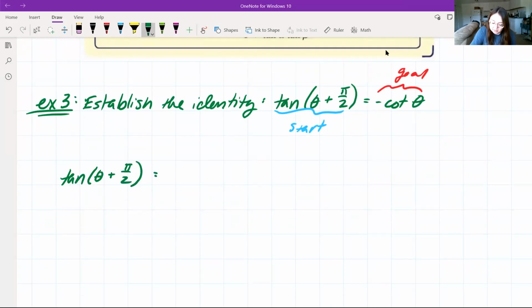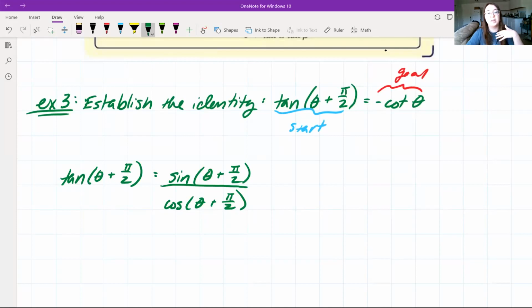So this is going to become sine of theta plus pi over 2 divided by cosine of theta plus pi over 2. This is how we end up rewriting this, since we can't use equations 6 and 7.